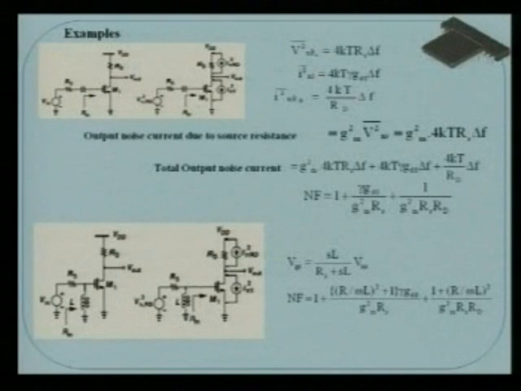So this is a classic example of how to calculate the noise figure of, say, the common source amplifier. You have to calculate the noise contributed by the resistance, by the channel, and then add these and finally get the expression of noise figure equal to 1 plus gamma GD0 plus G square M RS, etc. These are the values you can calculate, because you have to go for the small signal models.